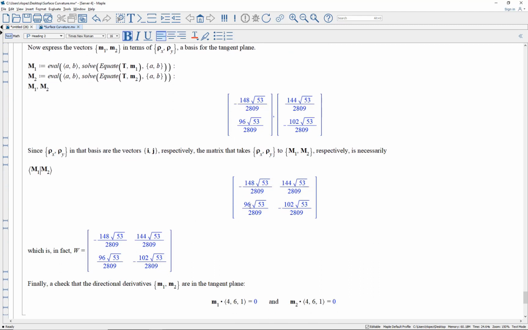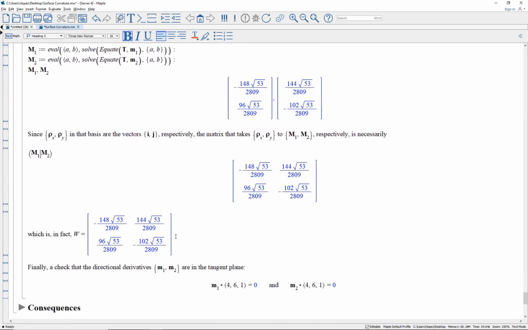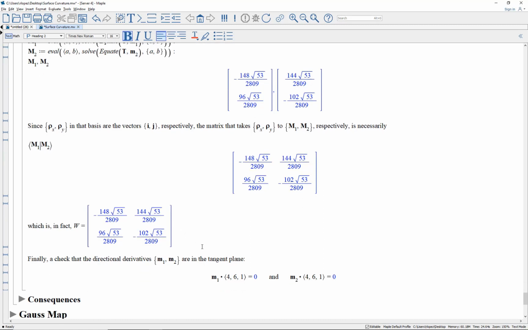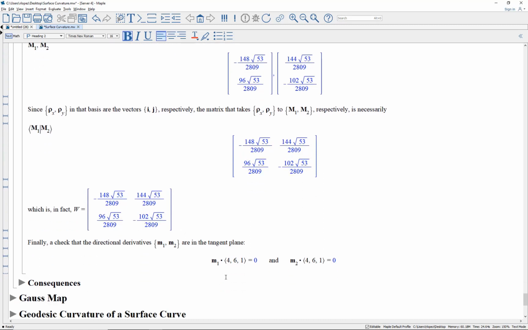So this is the matrix you end up with, and that is in fact W. And here is a check that these directional derivatives are actually vectors in the tangent plane. You dot them with the normal, you get 0. They are in the tangent plane.